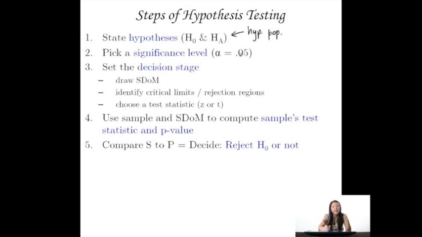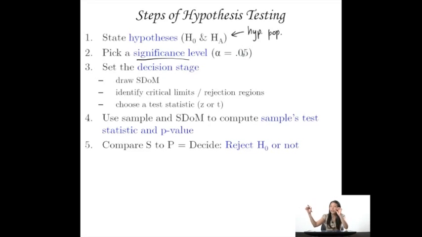Then you want to pick a significance level. So you could think of the word significant as standoutness, right? Like how much it stands out. So how much does it have to stand out? When it stands out a lot, you have a very low false alarm rate, right? So if your X bar is just really out there, right?